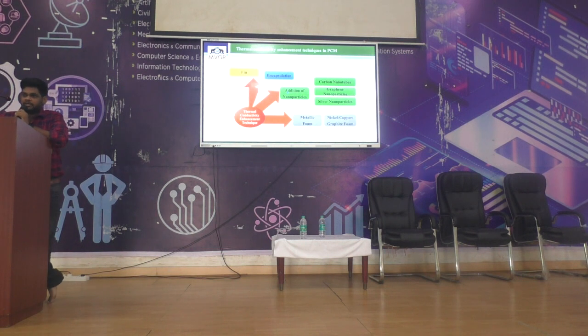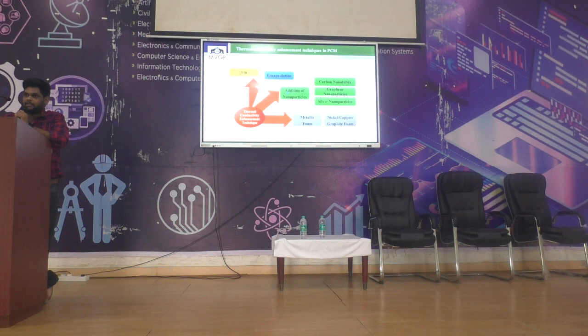The basic thing is that if you take any phase change material, the biggest problems are low thermal conductivity and leakage issues. Leakage means that when it comes to the liquid state, it is flowable in nature. I can't preserve it in the solid form; it is in the liquid form only, so it needs to be arrested.